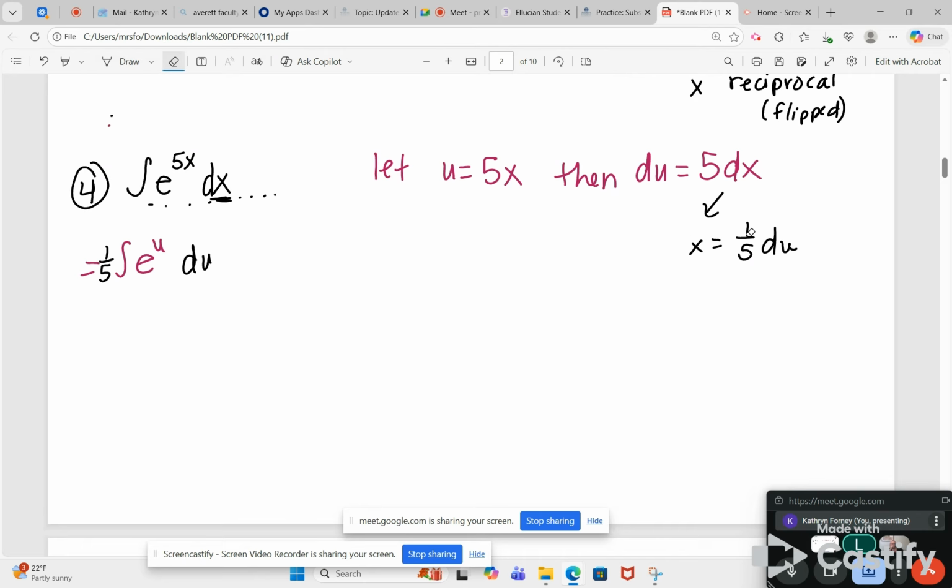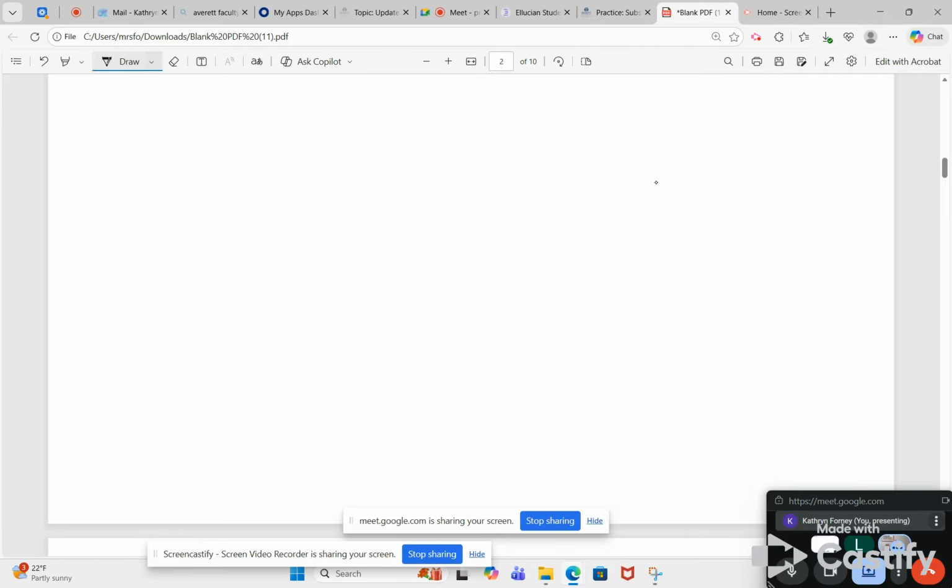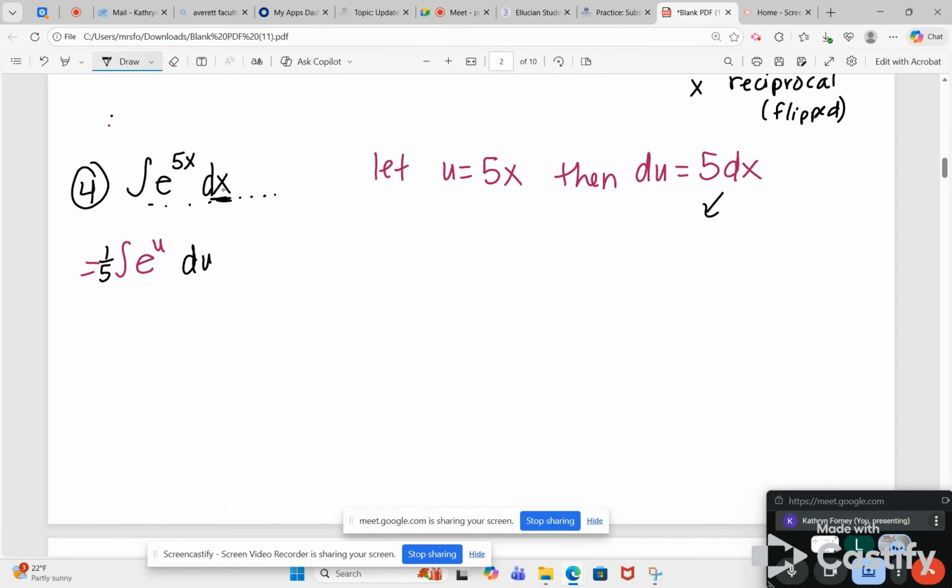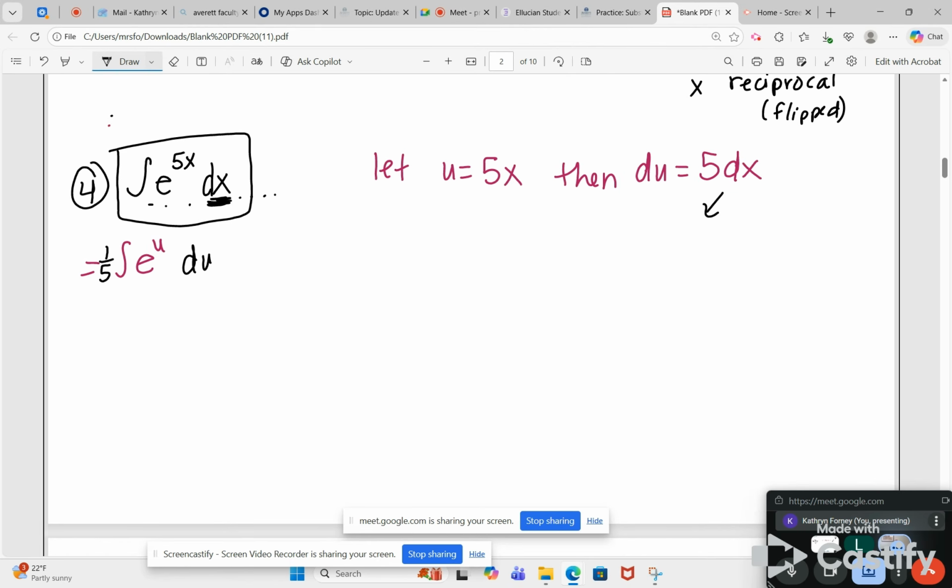For me to put du in, I would need a 5 somewhere in this problem. Do I have a 5 that's not part of that 5x? There's no 5 coefficient being multiplied.